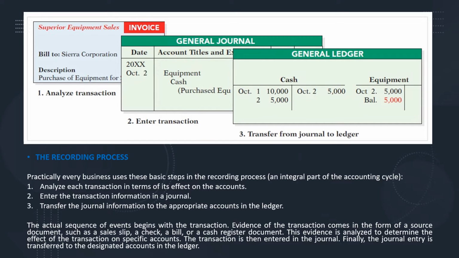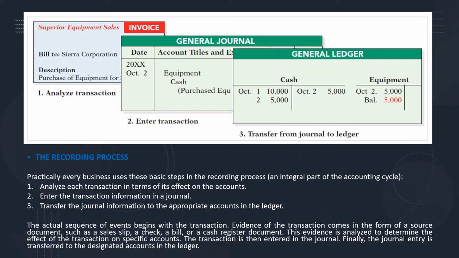So one, we're going to analyze each transaction in terms of its effects on the accounts. Then two, enter the transaction information in a journal. And then three, transfer the journal information to the appropriate account in the ledger.